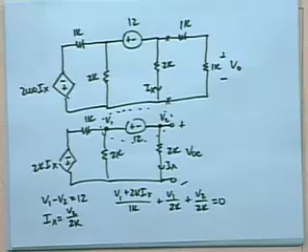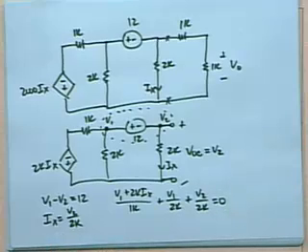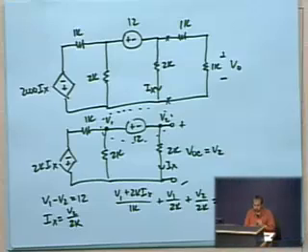And furthermore, it's interesting to make sure that we realize that the open circuit voltage is the same as our node voltage V2. It's the same thing. So what in this case would be most beneficial is if we can solve for V2 in this single node equation that we have.